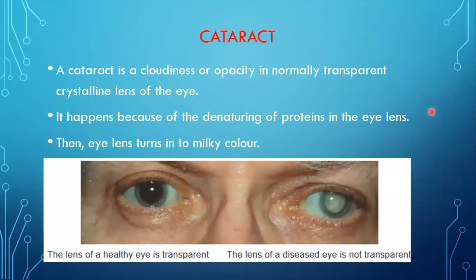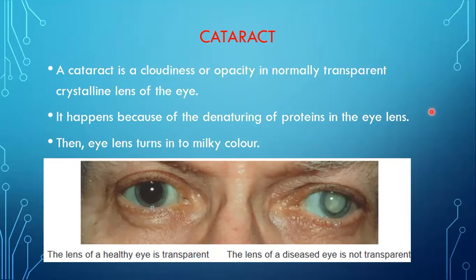Let us discuss cataract. A cataract is a cloudiness or opacity in the normally transparent crystalline lens of the eye. It happens because of denaturing of proteins in the eye lens.